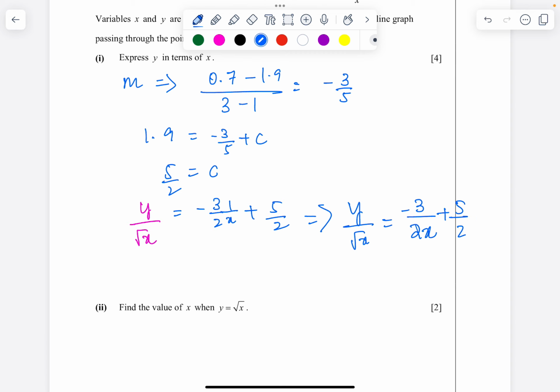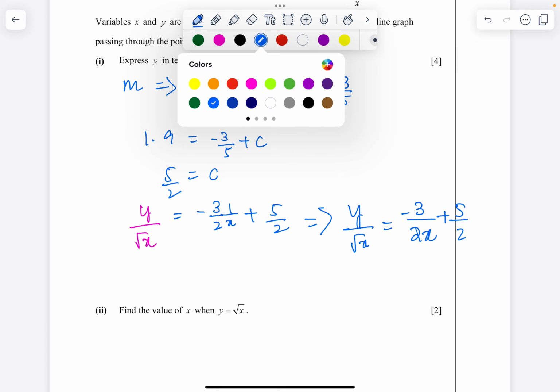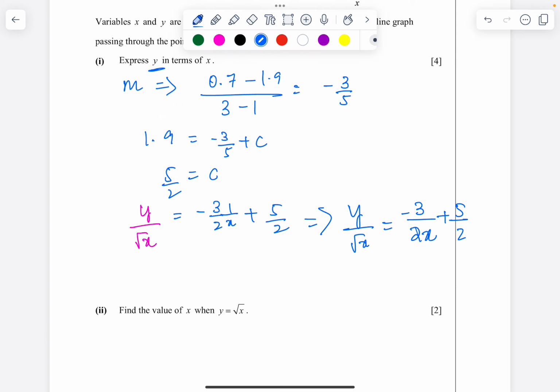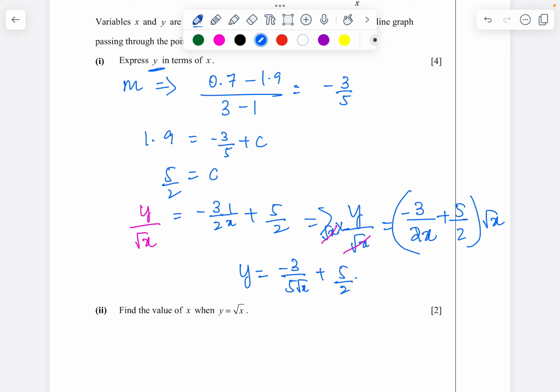But the question said give your answer in terms of y, so I'm going to multiply square root of x on both sides so that the square root of x cancels. So now y equals negative 3 over 5 square root of x plus 5 over 2 square root of x. This is our answer.